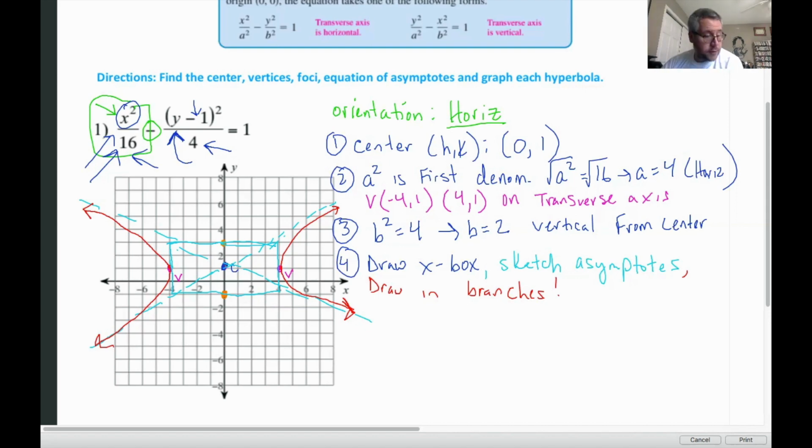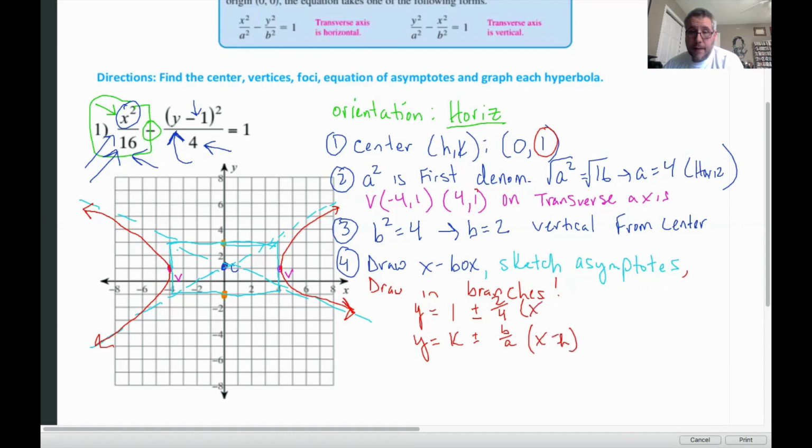We can also do the equation of the asymptotes. So we'd have y equals k, which was here, 1 plus or minus b over a. So b is, I'm going to write it underneath here. It's y equals k plus or minus b over a. So let's see, that would be 2 over 4 times (x minus h).